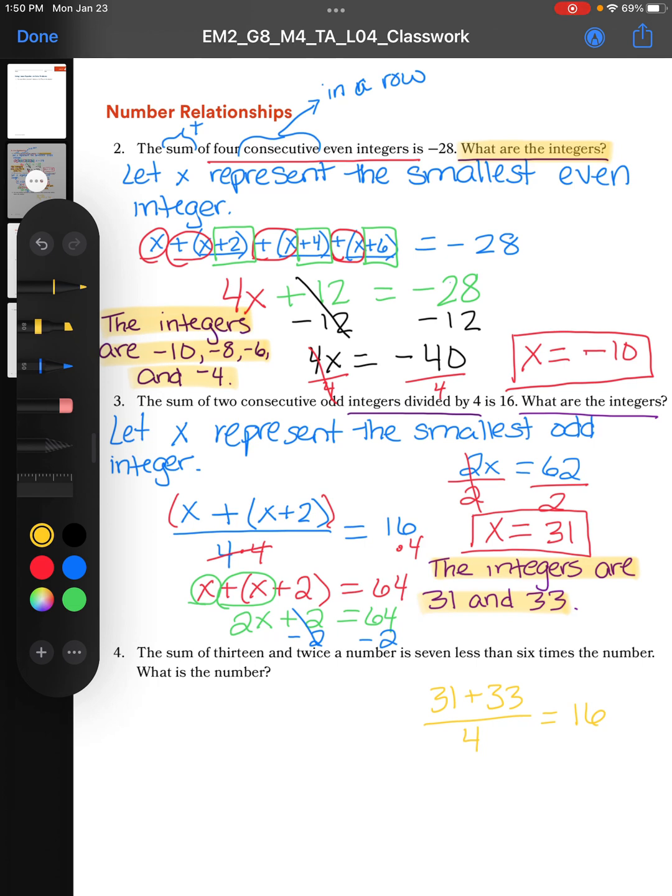Well, 31 plus 33, we can just do that math first real quick, right? Is 64. So I'm left with 64 divided by 4. Does that equal 16? Yes, it does. So my equation worked, my solution worked. Those are the 2 integers that we were looking for.